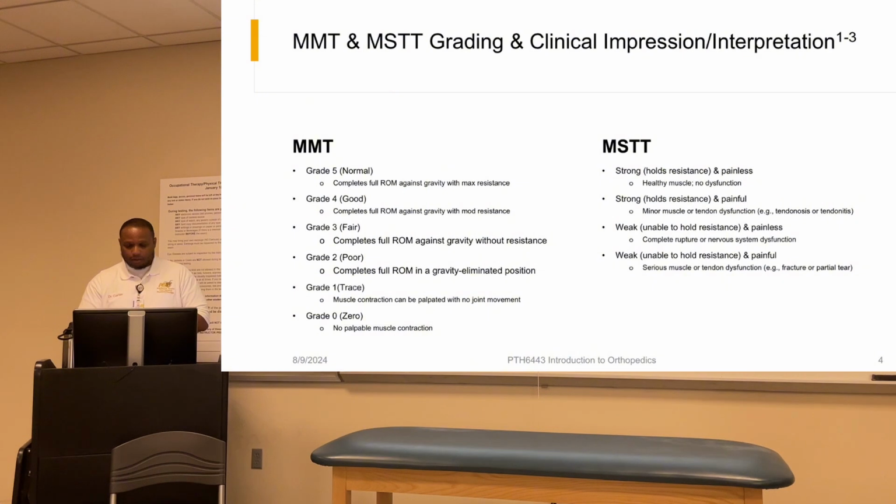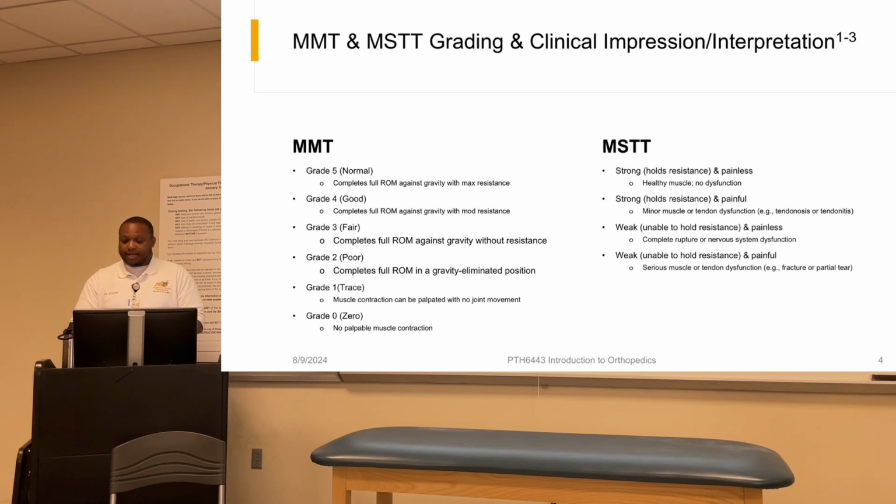If your patient is weak, unable to hold resistance, and it is painless, that is indicative of a complete rupture or some type of nervous system dysfunction. If the patient is weak and unable to hold resistance, and it is painful, that is a serious muscle or tendon dysfunction, maybe a fracture or a partial tear.